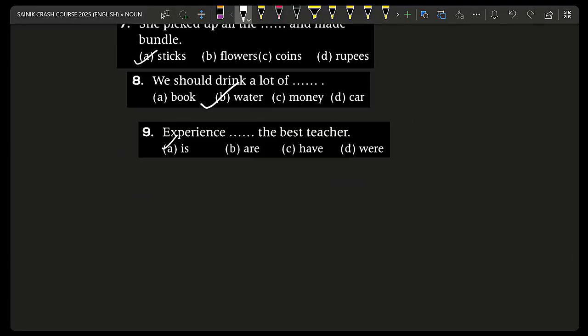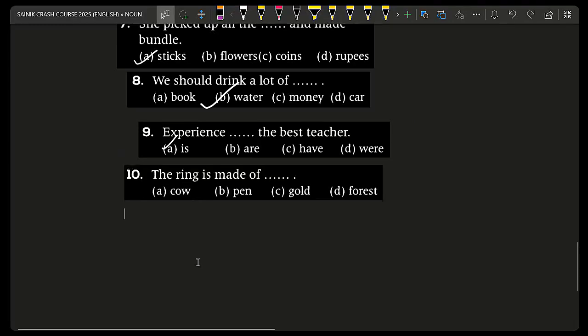Last question of today's class. It's related to the material noun. The ring is made of cow, pen, gold, forest. You have to identify the material noun.